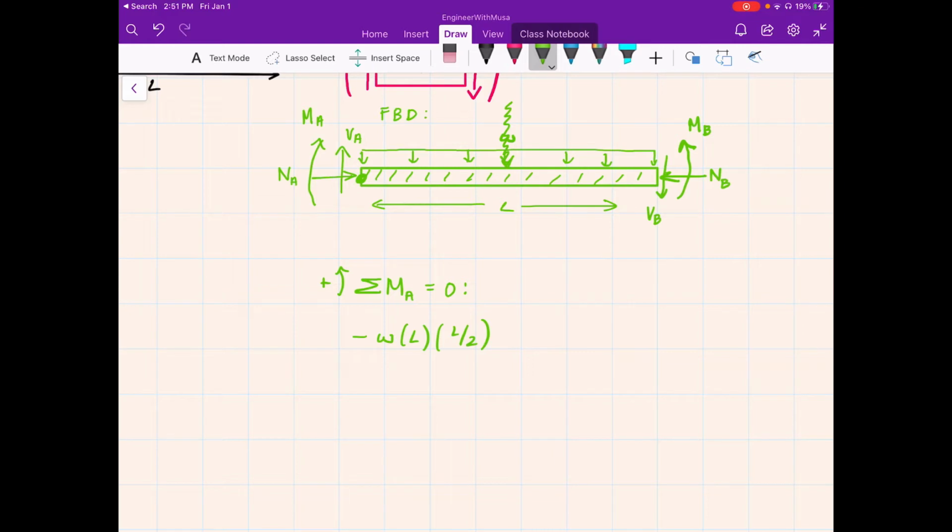That's how I came up with omega times L, which is the entire loading, acting at the center, so at L over 2. Hopefully that made sense.